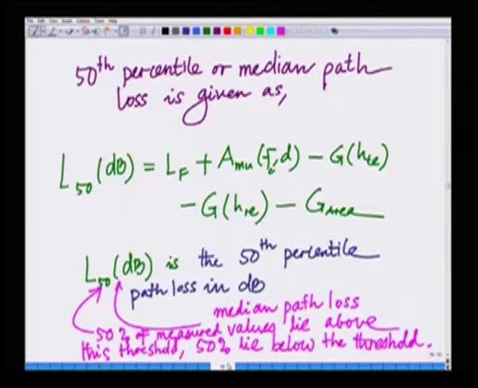Another gain which is arising because of the height of the receive antenna, minus G area, which is essentially the area gain factor, that is, as you move from an urban to a suburban to open area, there is less clutter, which means there is a net reduction in the loss. Hence, there is a gain factor which subtracts from the 50th percentile path loss.